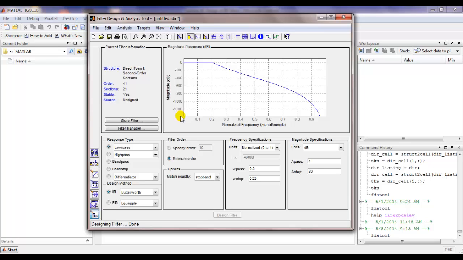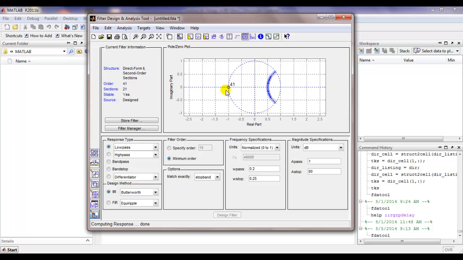It's like all, for all practical purposes, it's zero. It's hitting zero very quickly. This is the order that you get, 41, which corresponds to the summations and multiplications that you have to do, right? So if you go and look at, for example, the pole-zero diagram, it has 41 zeros. They are all at z equal to minus 1, and it has 41 poles in this arc. Okay?